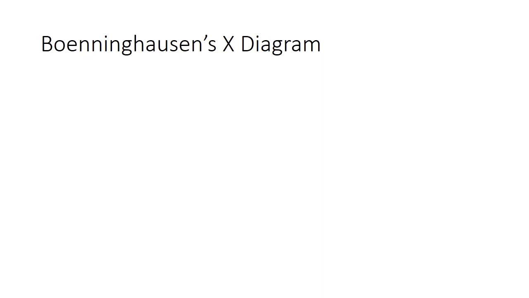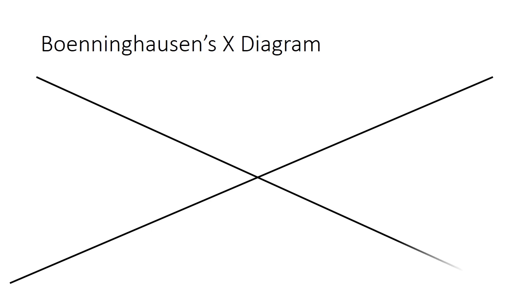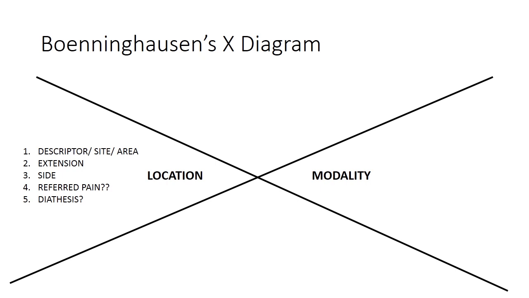So on a clean white sheet of paper, make a large cross like the alphabet X. And in each quadrant, you can mention location, modality, and so on. Location means you will be noting down the area, site, or the description of the kind of malady or sickness or disease that the person is exhibiting.